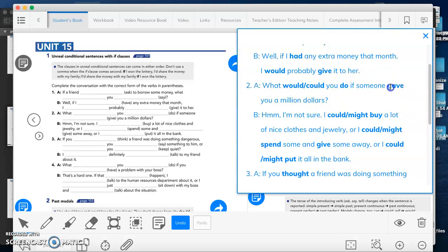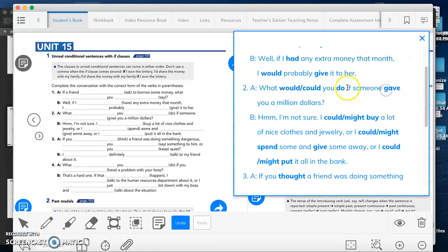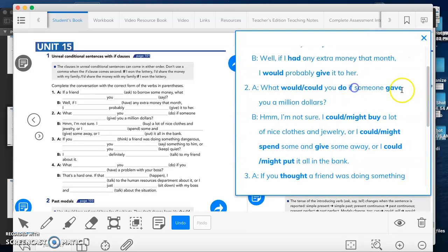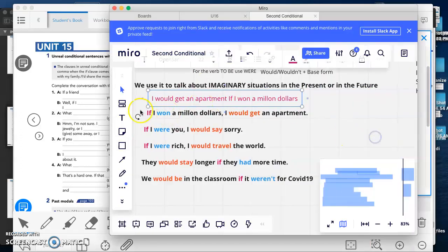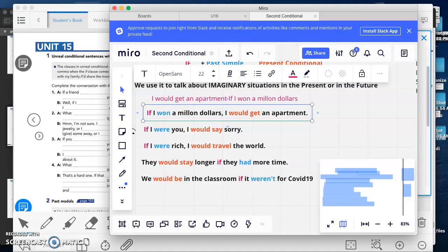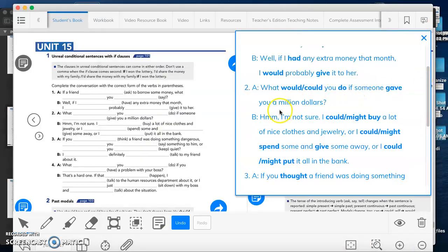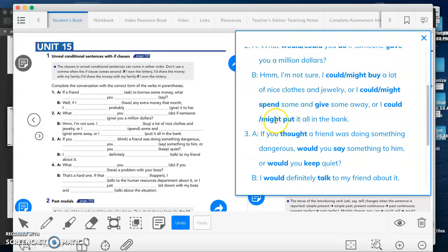As you can see, this is in simple past. If someone gave, this is the imaginary situation. I'm not sure. I could buy a lot of nice clothes and jewelry, or I might spend some and give some away, or I might put it all in the bank.